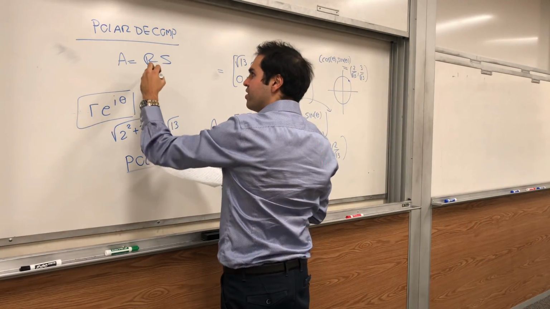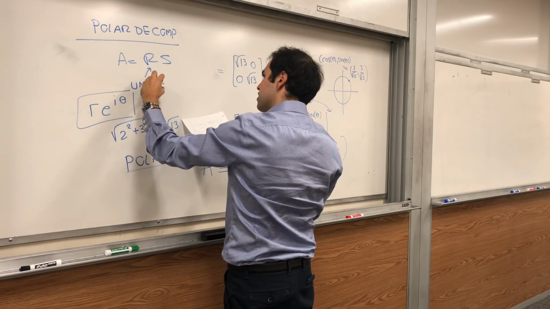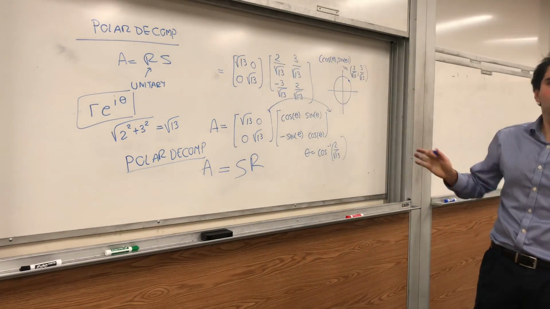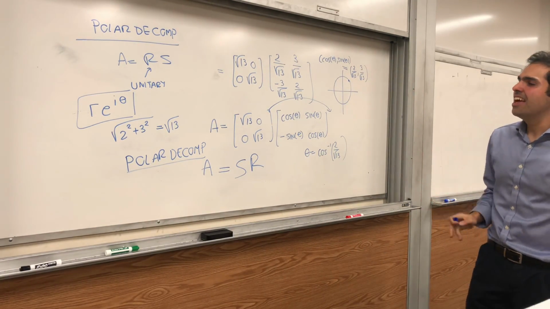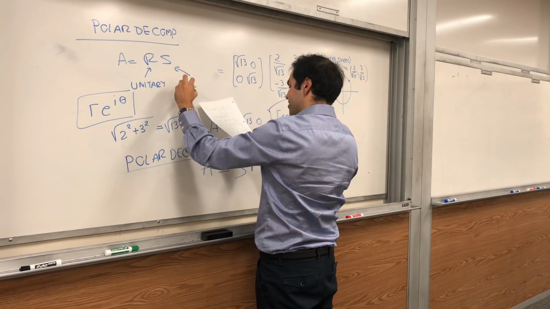What are the requirements? R is called a unitary matrix, which I think just means that R transpose R is the identity, and S is just a positive definite matrix.